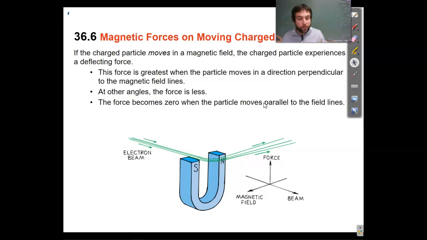Let's try it. Let's figure out what direction the force is acting as this electron beam travels through the magnetic field. I've got my FBI right here, right? Now I just have to orient it in a way that is comfortable, natural. So we have the electron beam going this way. I have my magnetic field, B, from north to south.